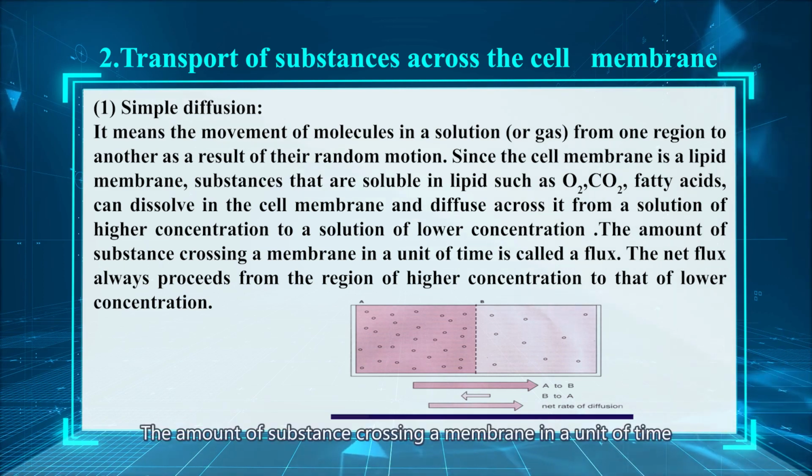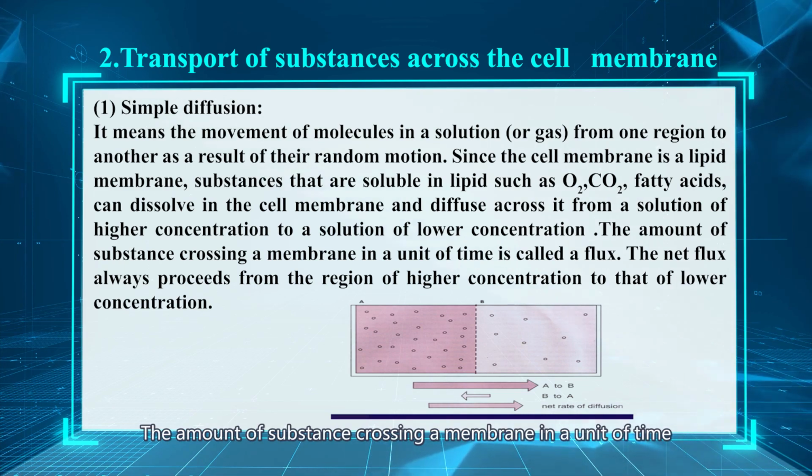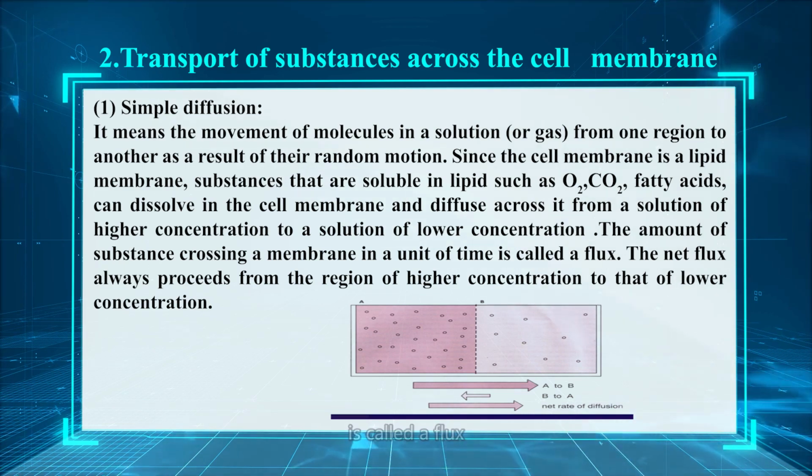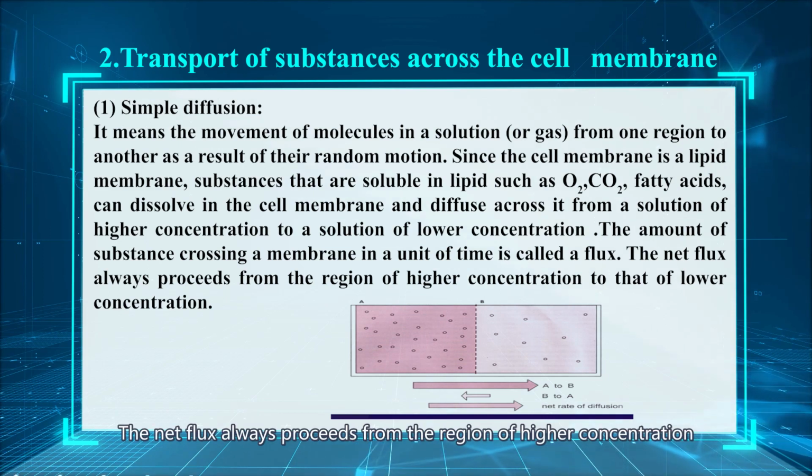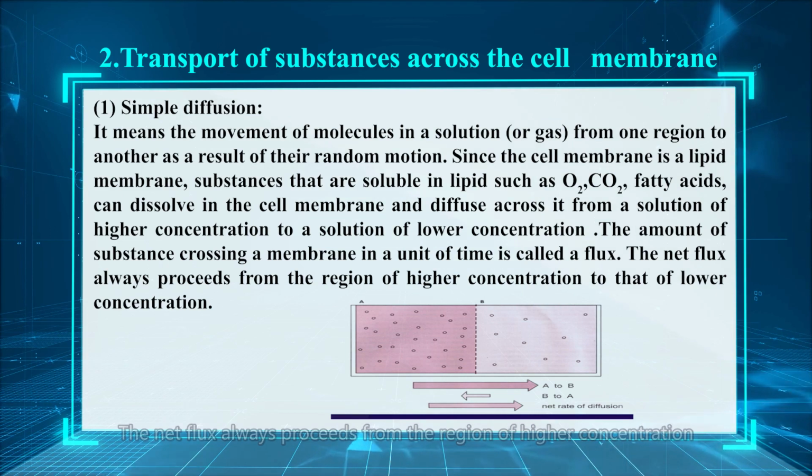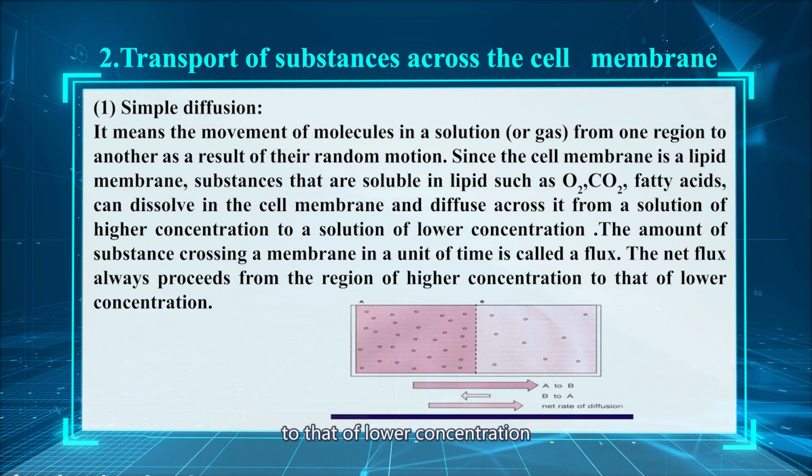The amount of substances crossing a membrane in a unit of time is called flux. The net flux always proceeds from the region of higher concentration to that of lower concentration.